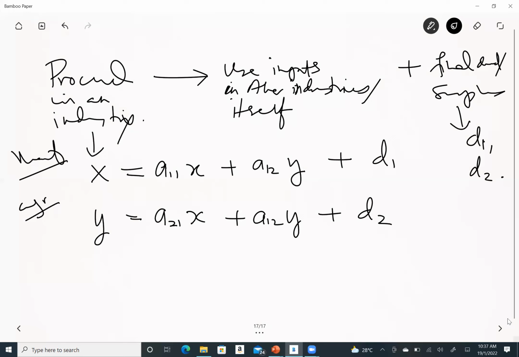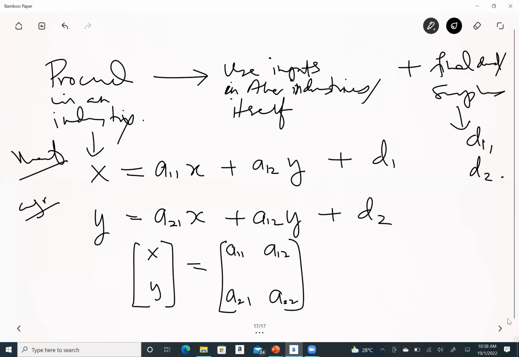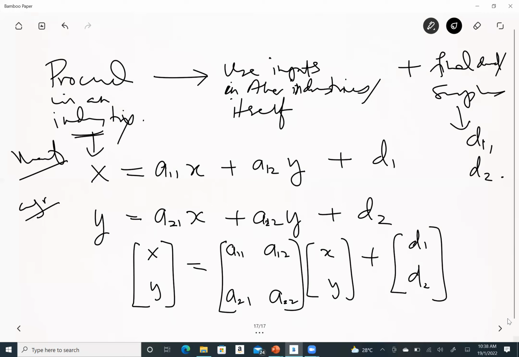Okay, now we write in matrix form. So XY is a matrix, equal to the matrix of coefficients A11, A12, A21, A22, multiplied by XY, plus D1, D2. So this is the quantity produced in each industry, X. The use as input in other industries, including itself, is this part.